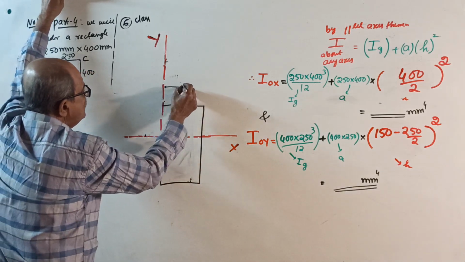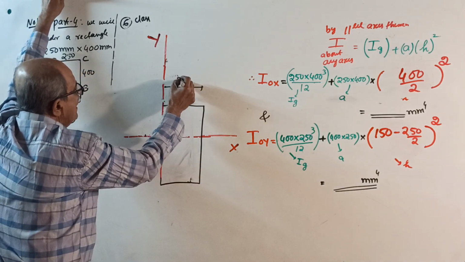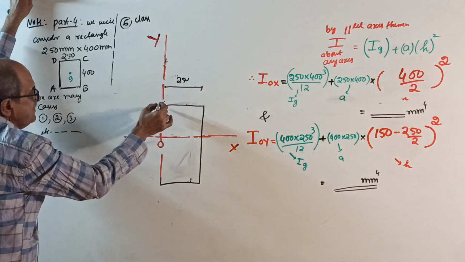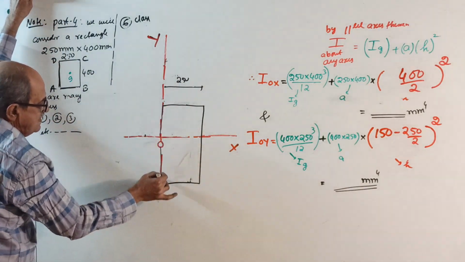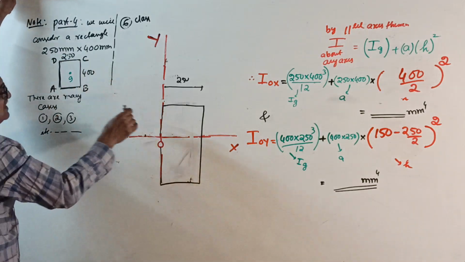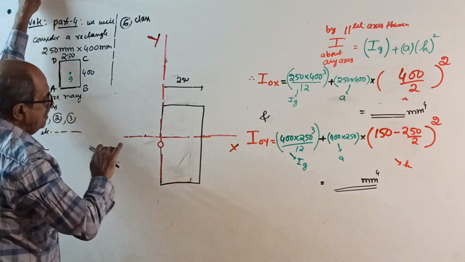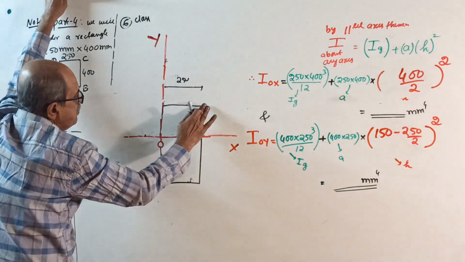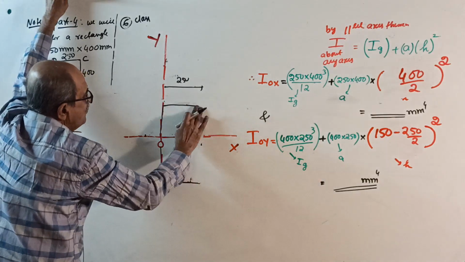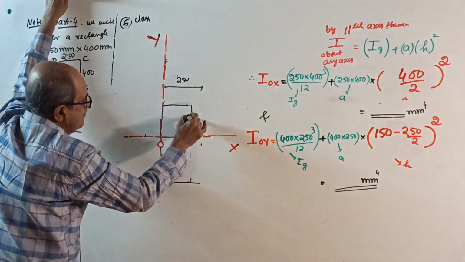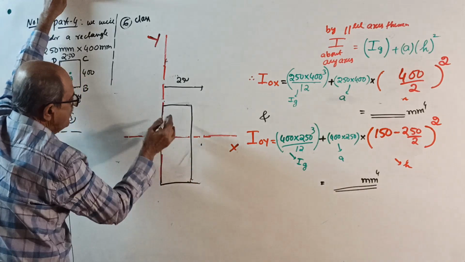This is 250. This AD edge touches OY and, oh, sorry, some little portion this side is required, otherwise it will become the same as last time.